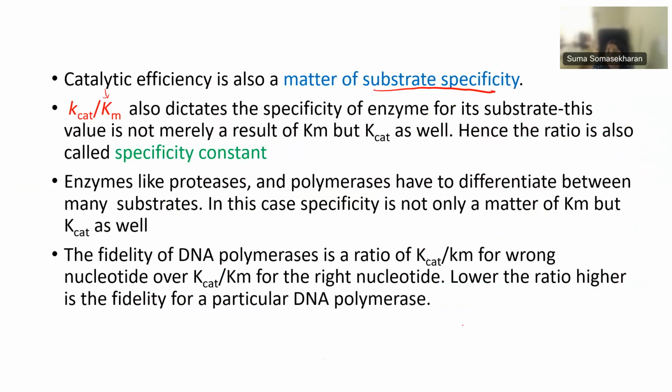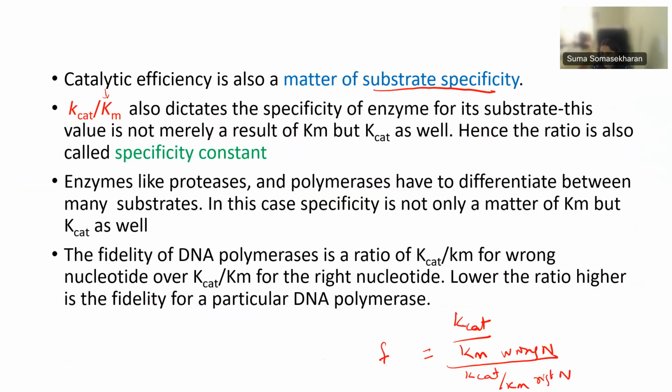So the ratio of Kcat over Km for the wrong nucleotide, divided by the Kcat over Km for the right nucleotide, defines the fidelity. The lower the value of F, the higher the fidelity of the enzyme, and the greater the value of F, the lower the fidelity.